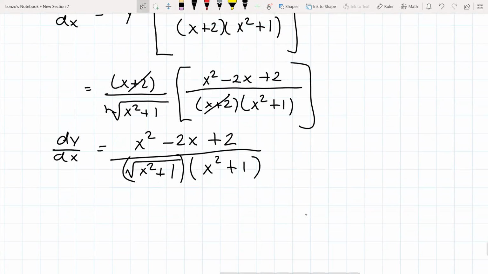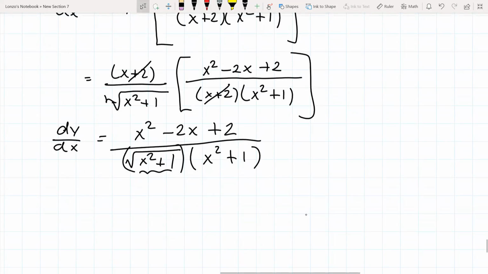And then you could do one last step. Notice that they're both x squared plus 1. So you can rewrite this as parentheses x squared plus 1 to the 1/2 times x squared plus 1. And we know that when you're multiplying with the same base, you add the power.